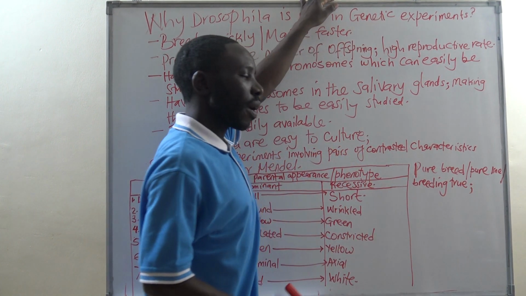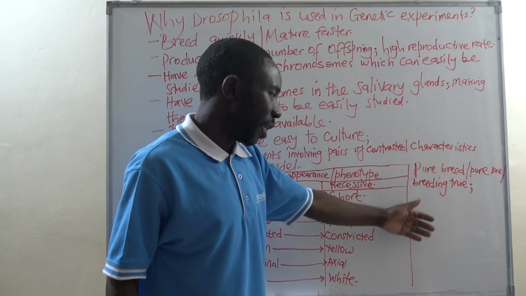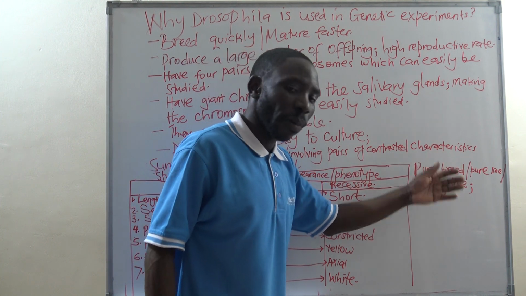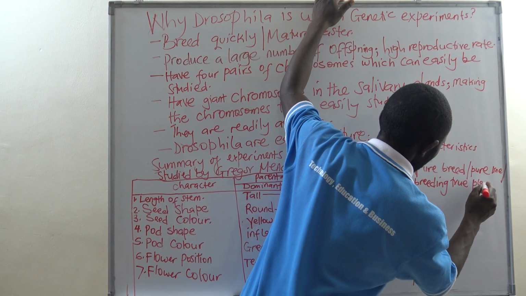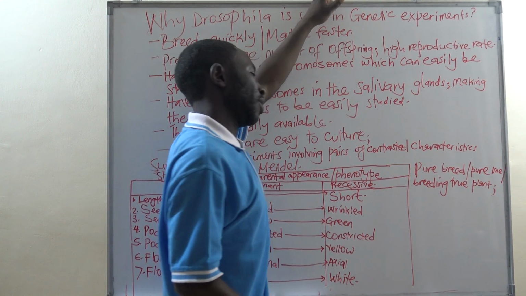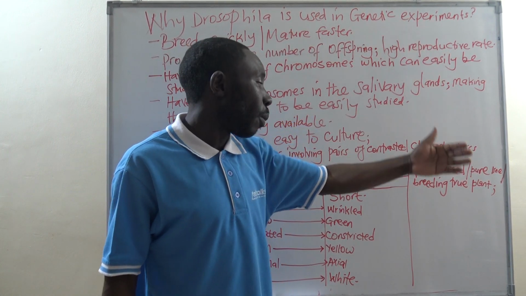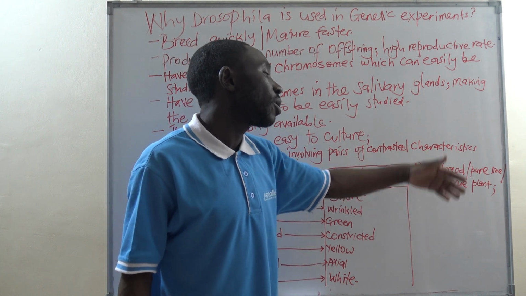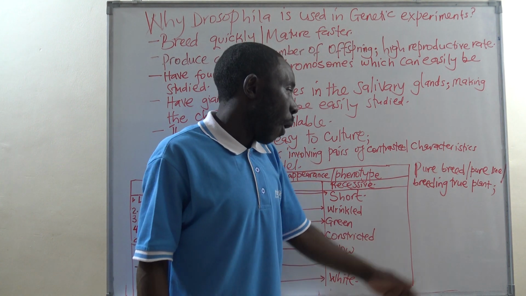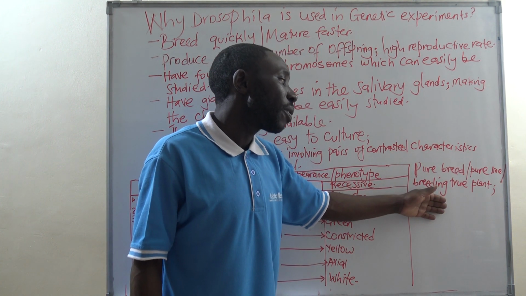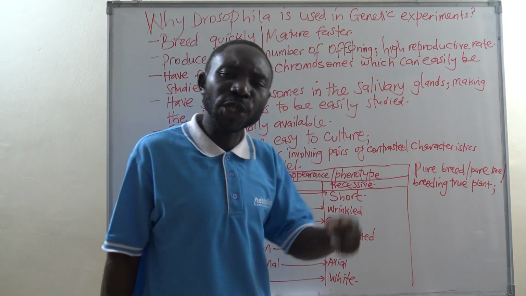What is a pure breed or a pure line or a breeding true plant? This is a plant which is homozygous for its trait, or a plant or an organism which is in homozygous state for its trait.